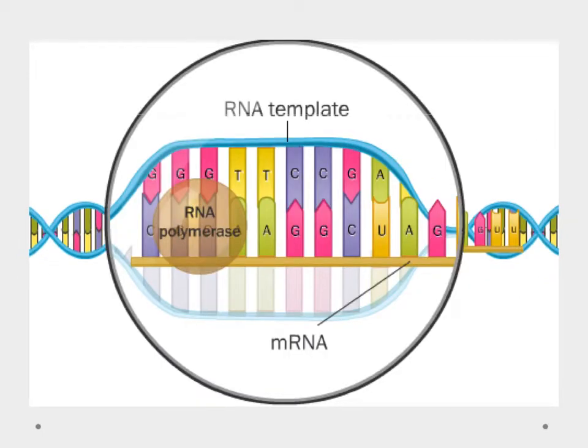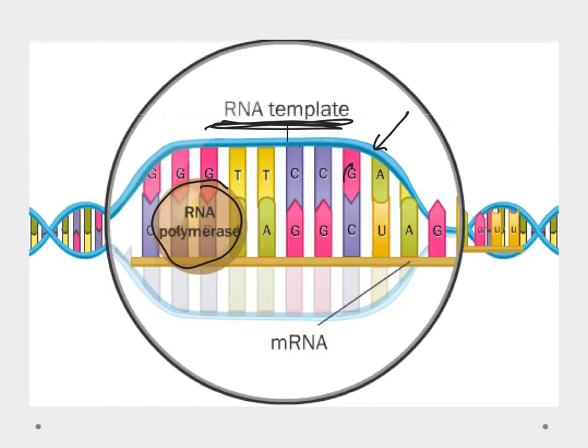Okay, much like the replication, in transcription, we'll see that inside this bubble, we're going to have this molecule, RNA polymerase, going along the DNA molecule. So this is our DNA molecule, and it's going to serve as a template to make the RNA. So now as we're going through, we'll match up our base pairs.